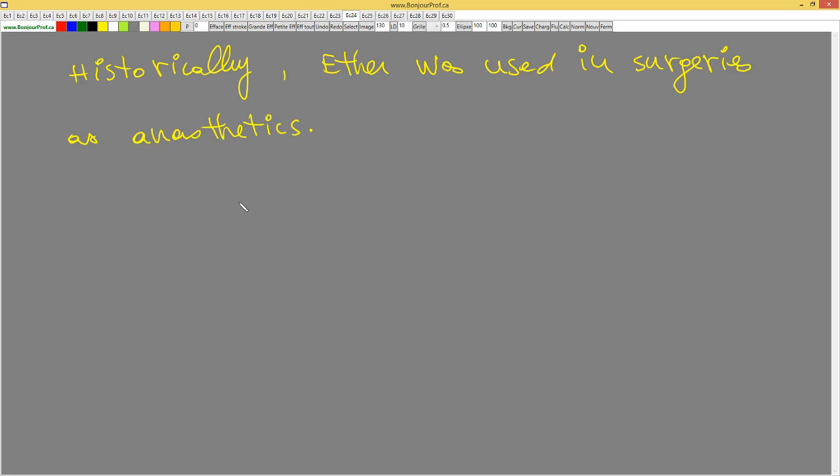Now we have found products more efficient. Now it is an essential industrial solvent.